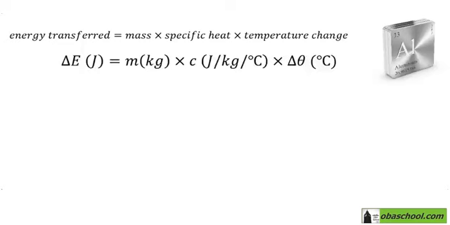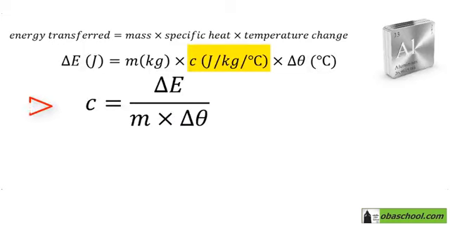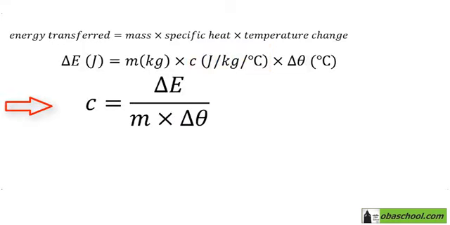We can rearrange the equation to find the specific heat capacity. The specific heat capacity c is equal to delta E divided by m multiplied by delta theta.